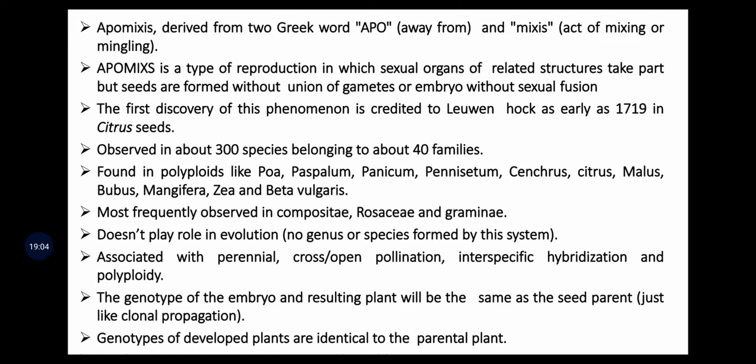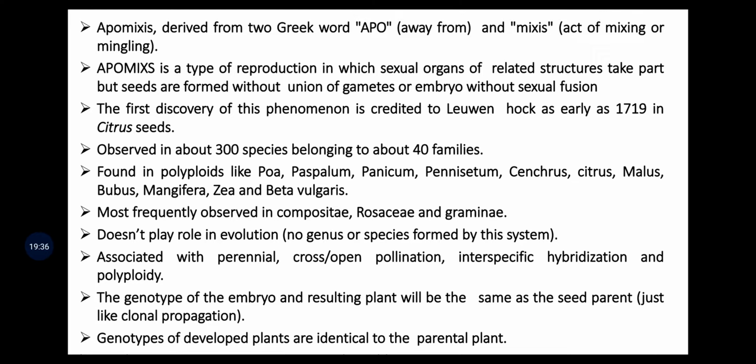About 300 species belonging to 40 different families show the apomixis process, generally found in polyploid species like Poa, Paspalum, Panicum, Pennisetum, Cenchrus, Citrus, Malus, Rubus, Mangifera, and Beta vulgaris, that means the beetroot family. The process is most frequently observed in Compositae, Rosaceae, and Gramineae families.